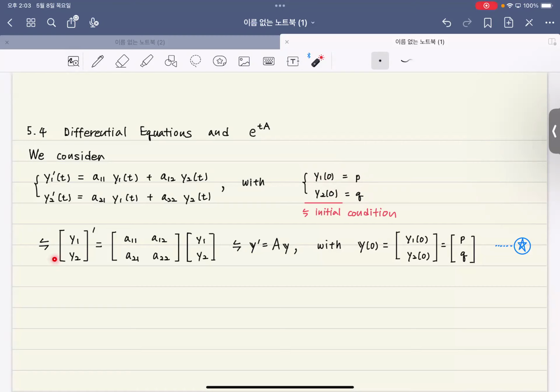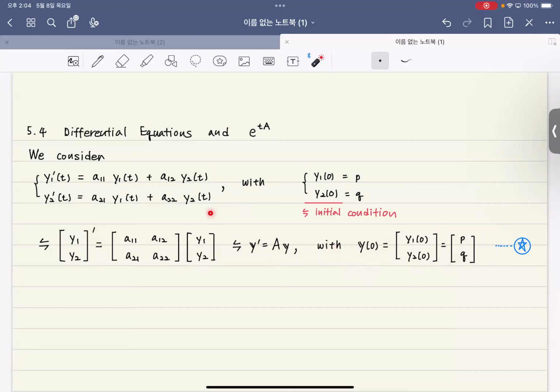We already talked about that. This system of differential equations can be translated into matrices. This vector I will call y, and this is my matrix A. In other words, the system can be written as y prime equals A times y, and this is my initial condition, y of 0, which is nothing but P and Q. This is what I call the initial value problem.